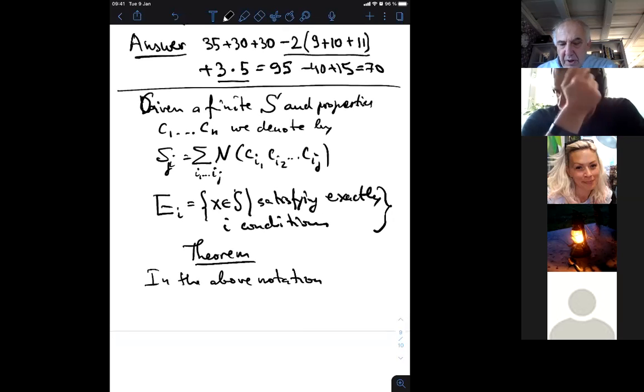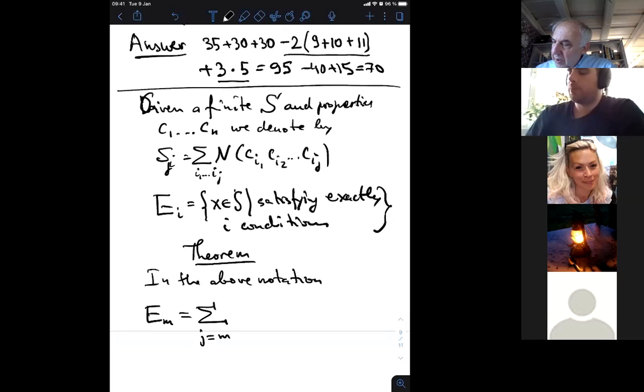So in the above notation, Em is equal to the sum from j equal to m to n, which is our total number of conditions, of minus 1 to the power j minus m, times the binomial coefficient j choose j minus m, times Sj.